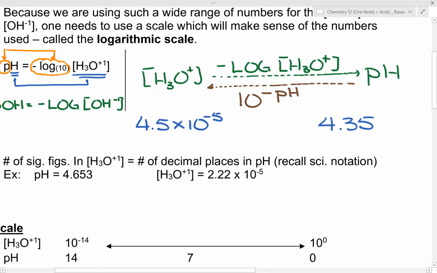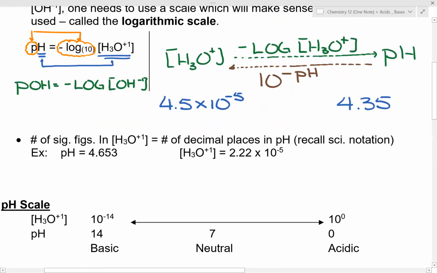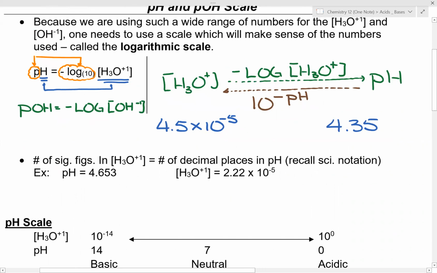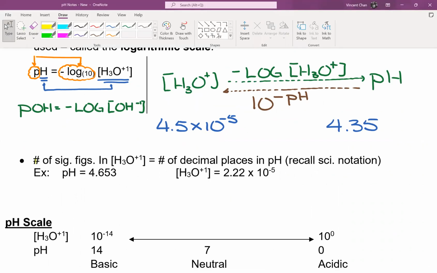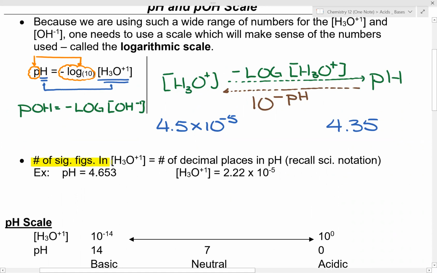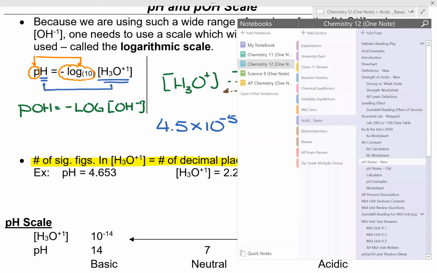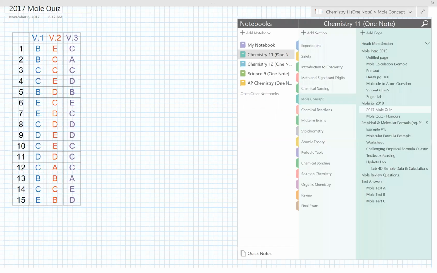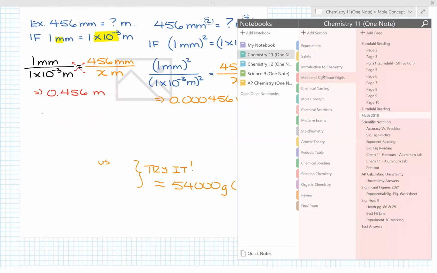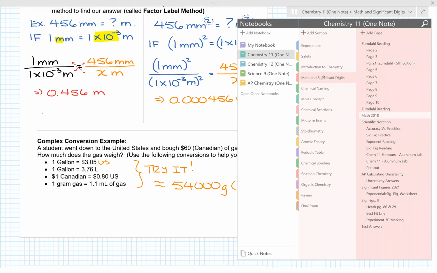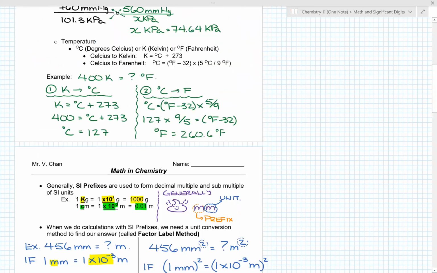All right. Now, when we talk about pH, one key thing is this: the number of sig figs in the H3O plus is the number of decimal places in the pH value. Recall the scientific notation. Back in grade 11, doesn't matter which class you were in, you were introduced to scientific notation.